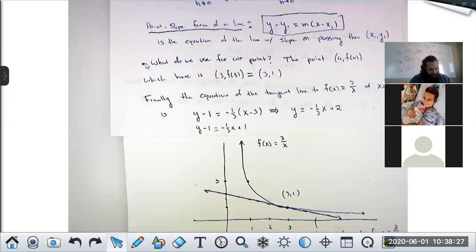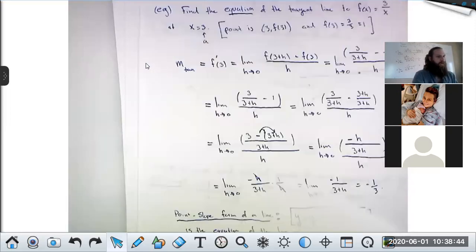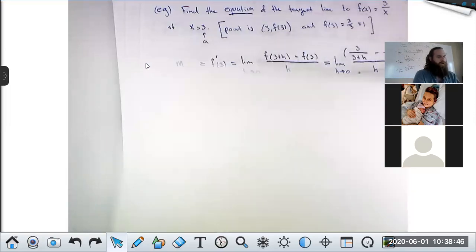Well, maybe the thing to do here is to give you the general formula for a tangent line. And we'll do one more tangent line calculation. And then we'll talk a little bit about physics.